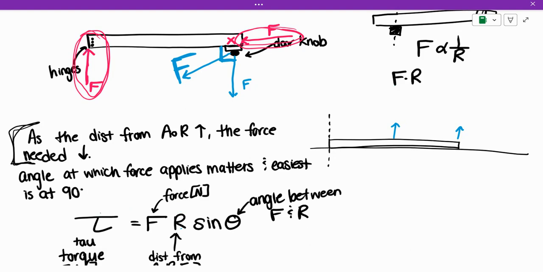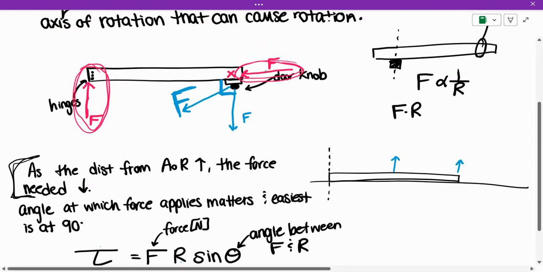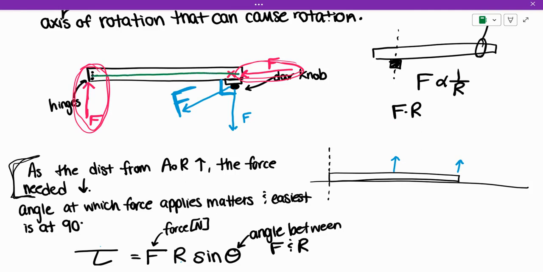Now let's think about the angle. When I applied this force, this angle is between F and R. And you might be like, what? R? How? So we can draw an R vector from the axis of rotation to the point where the force acts.